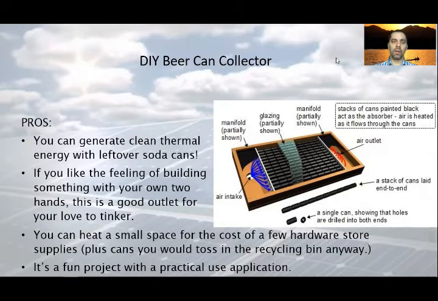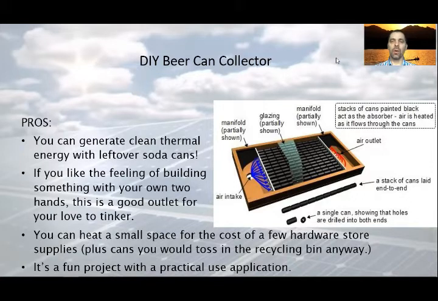The beer can solar heater works on the same principles as the passive solar heater. The cans absorb the sun rays, causing the air in the cans to heat up and rise. As the hot air rises, cool air is pulled from the floor to be heated again by the sun.